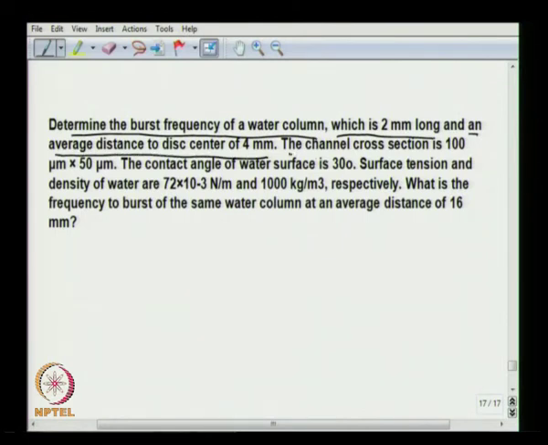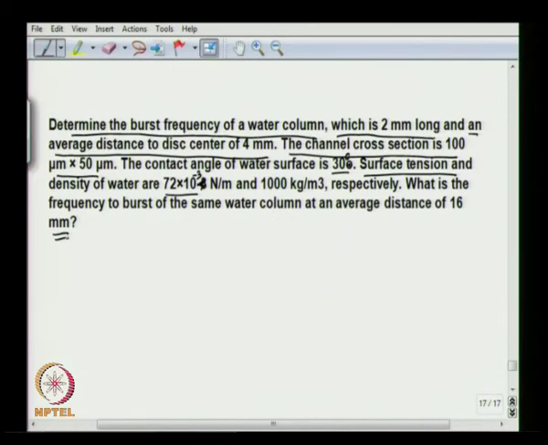The channel cross section is 100 micron by 50 micron. The contact angle is 30 degrees, and the surface tension and density of water are 72 into 10 to the power minus 3 Newton per meter and 1000 kg per meter cube. What is the frequency to burst of the same water column at an average distance of 16 millimeter?